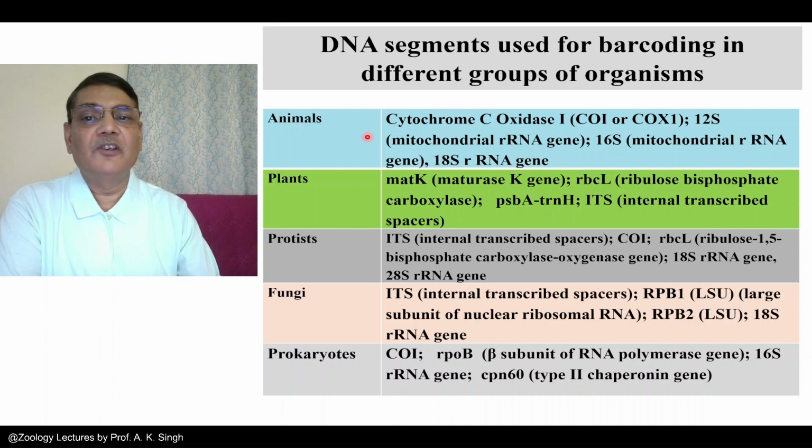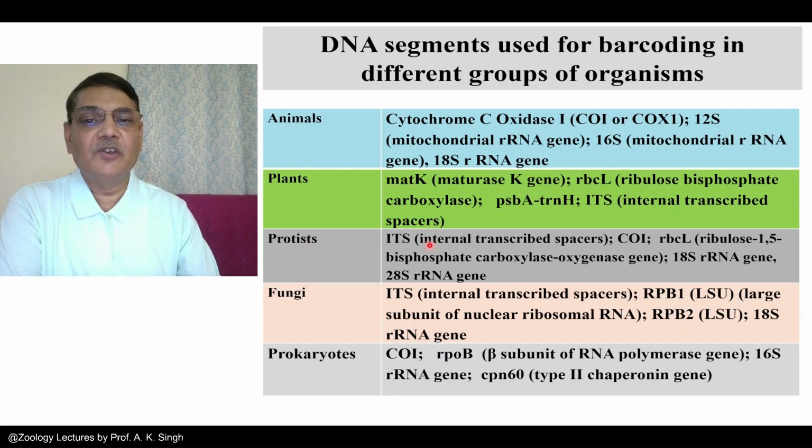These are of DNA barcoding purpose. In case of plants, matK, that is maturase K gene, rbcL, psbA-trnH is used. Then ITS, that is internal transcribed spacers. These are the segments in DNA molecule which are used in case of plants.